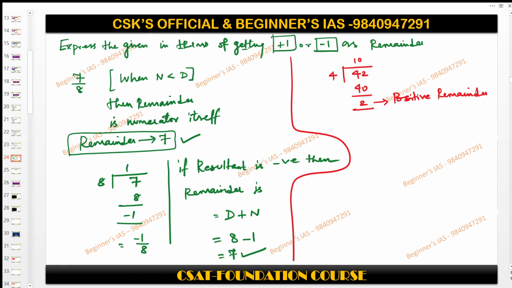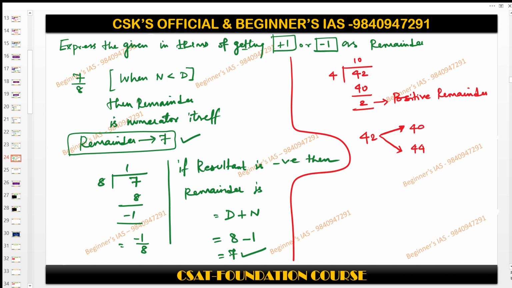So here 42, right? In order to find a positive remainder, what we have done is we have found the nearest multiple of 4 with respect to 42. That is 40. And what would be the other nearest multiple of 4? 44.